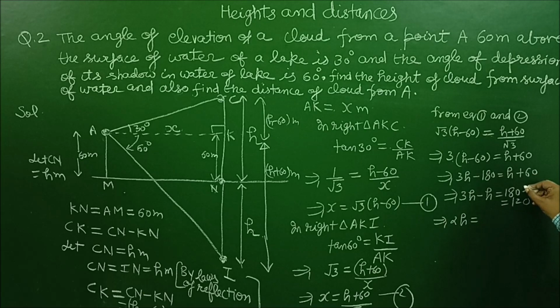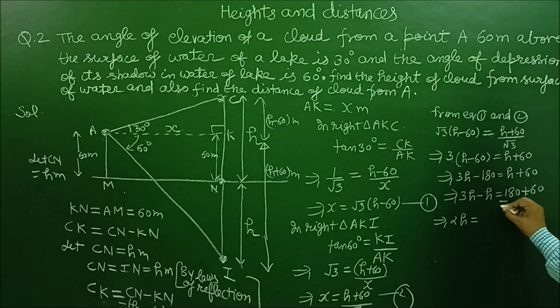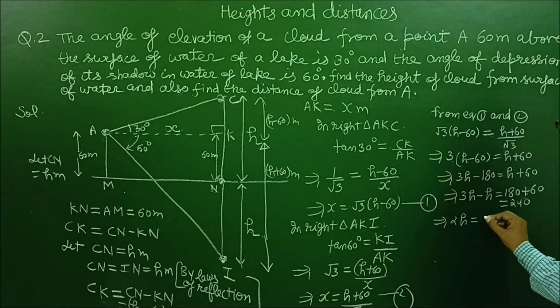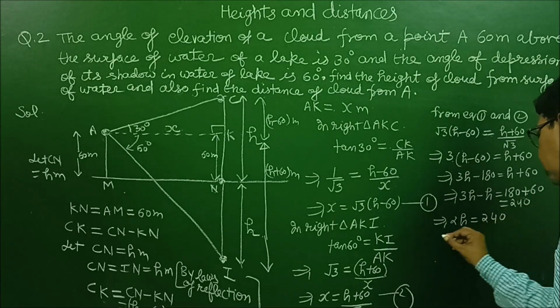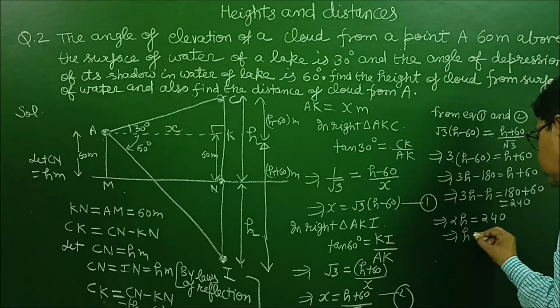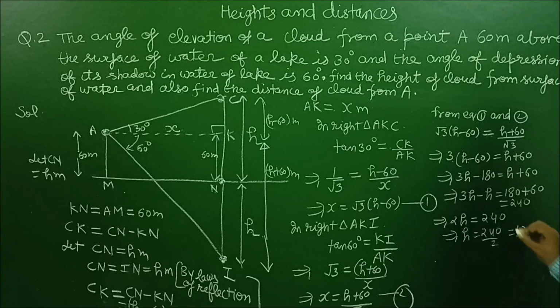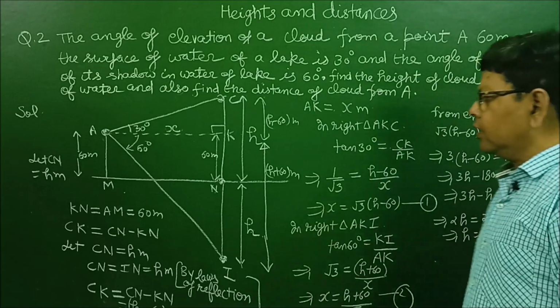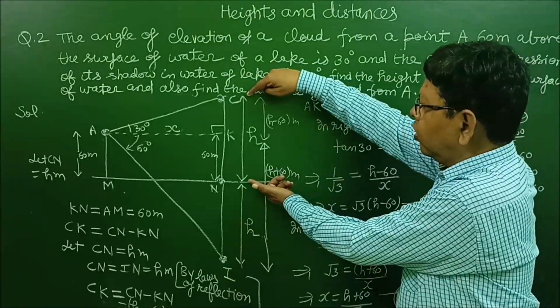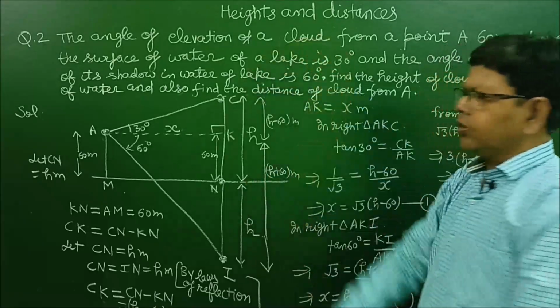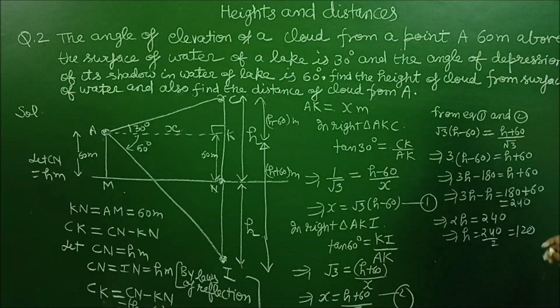180 will be added here, because minus 180, so it will become plus. So 180 plus 60 will be equal to 240. So 2h is equal to 240, or we can say h is equal to 240 upon 2, which is 120. So we have got the value of the height of the cloud above the water surface, which is equal to 120 meter.